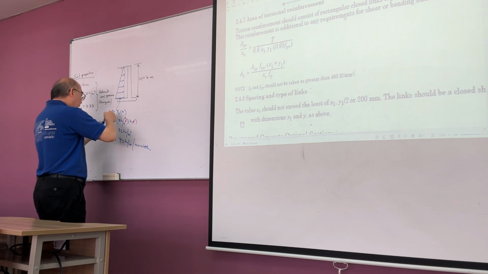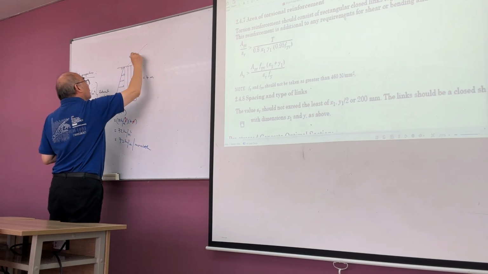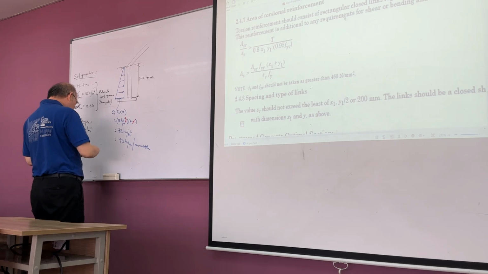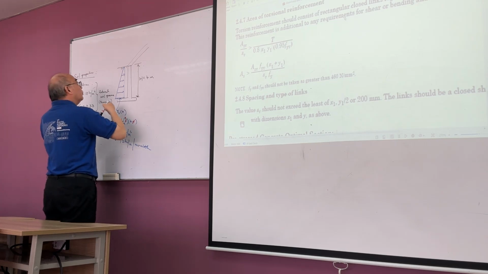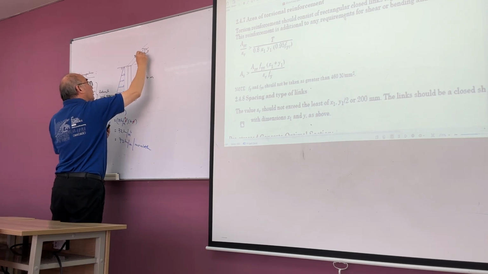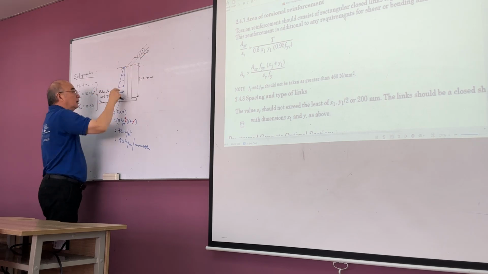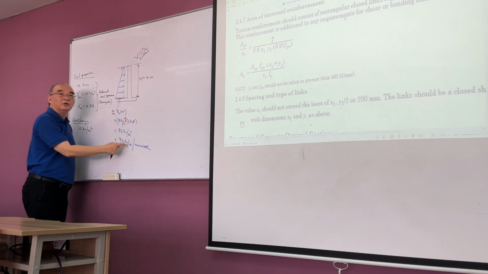Because we design based on per meter width. Okay, that means per meter width, this value is 72 kilonewton per meter.